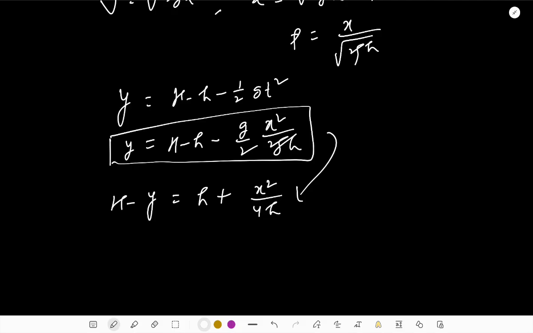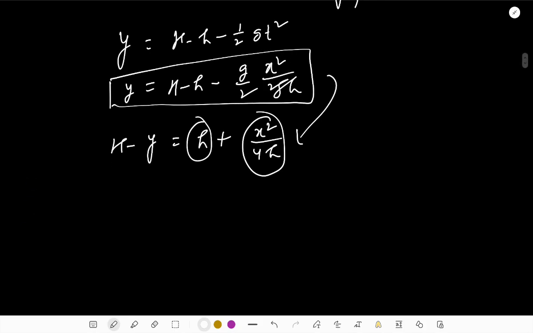And now I'm going to use something I learned in my class 11 studies: the inequality for AM and GM, arithmetic mean and geometric mean. I'm going to take this term as a and this term as b, and I know that a plus b by 2 is greater than or equal to under root ab.